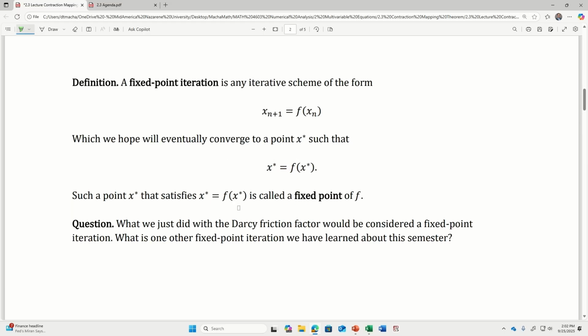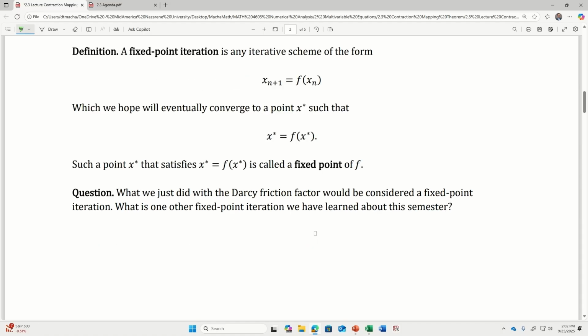And what we just did with the Darcy friction factor would be considered a fixed point iteration. Here's a question for you guys. What is one other fixed point iteration we have already learned about this semester? What else fits that description exactly? Bisection.